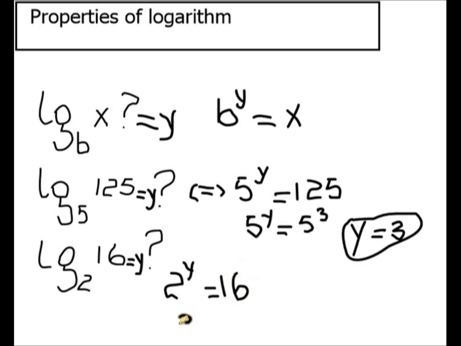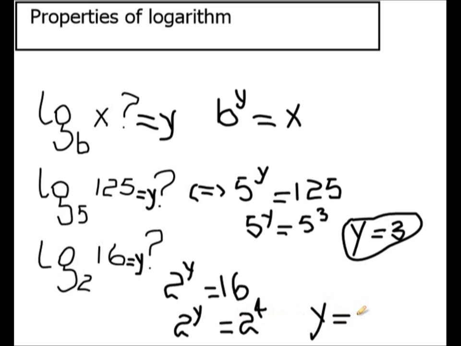I can write this differently: 2 to the power of y equals 2 to the power of 4, because 2 times 2 is 4, 2 times 4 is 8, and 2 times 8 is 16. So y here is equal to 4.